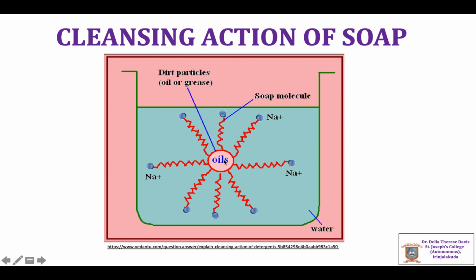And thus, oil in water emulsion is formed by the emulsifying action of soap. The oil particles present on the surface of the cloth will get dispersed in water, and finally we get the clean cloth. This is the cleansing action of soap.